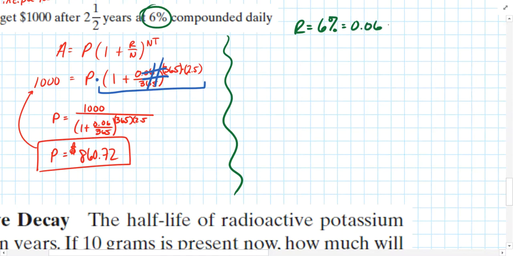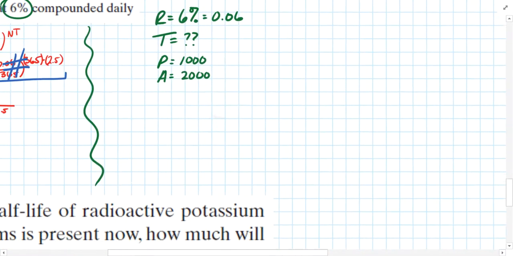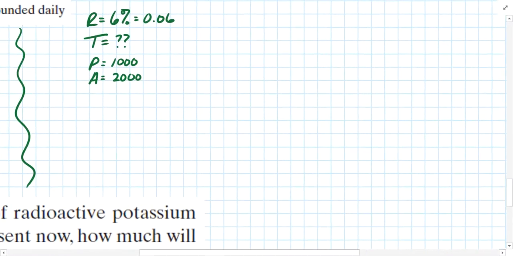And you would like to know how much time is needed in order for your investment to double. Now, it doesn't matter how much money you start with, but let's pretend that you're starting with $1,000 and you would like for your account to grow to $2,000. How much time is necessary in order for that to happen?